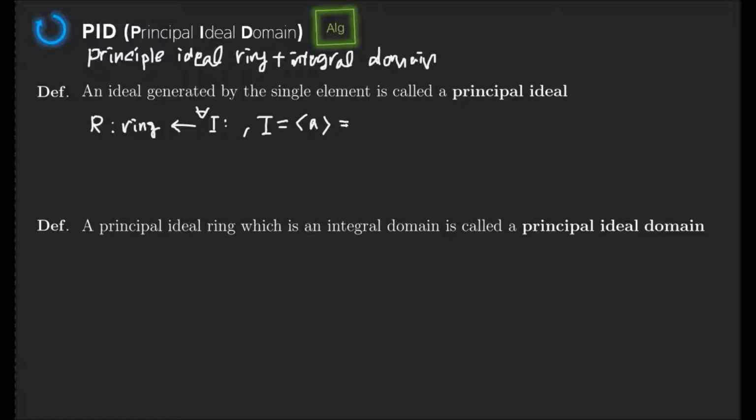This is the notation: the bracket means the elements ra, where r is in R. So literally, the ideal is generated by the multiples of a.